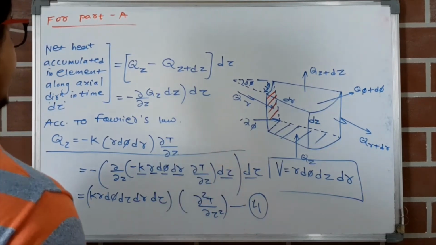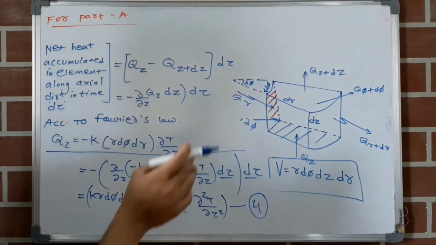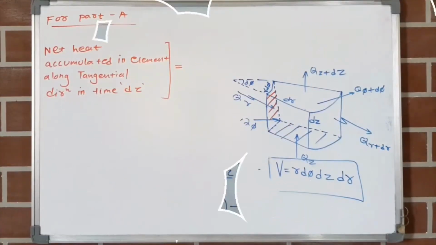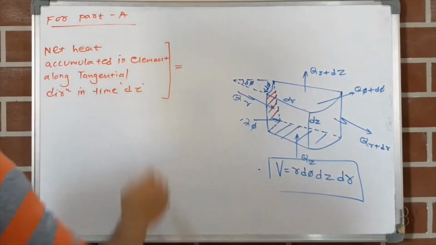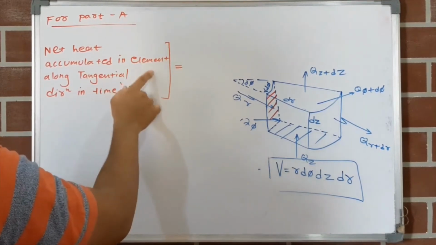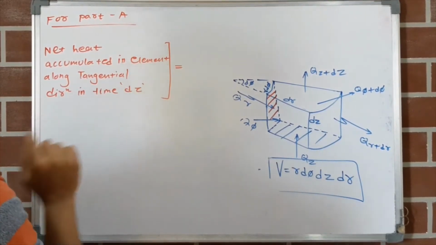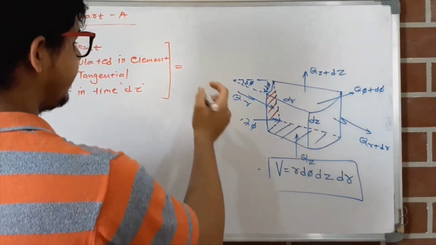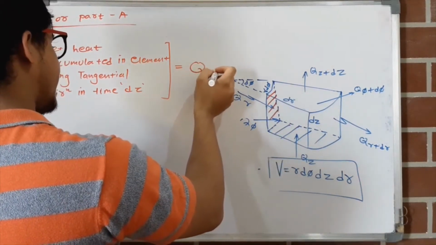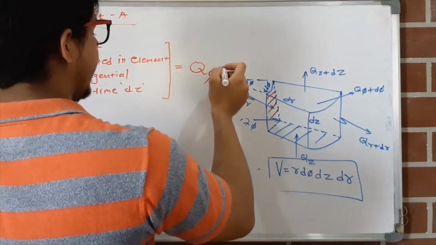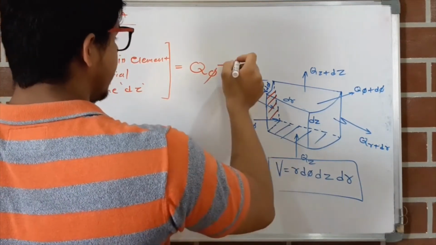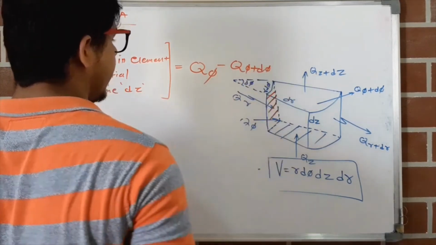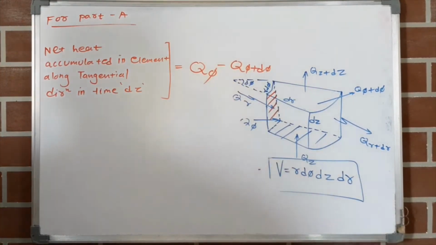Now we will see the heat accumulated along the tangential or circumferential direction. The net heat accumulated in the element along the tangential direction in time d tau: the heat influx, that is heat entering, is q phi, and the heat efflux, that is heat leaving, is q phi plus d phi. Now we expand this using Taylor series.